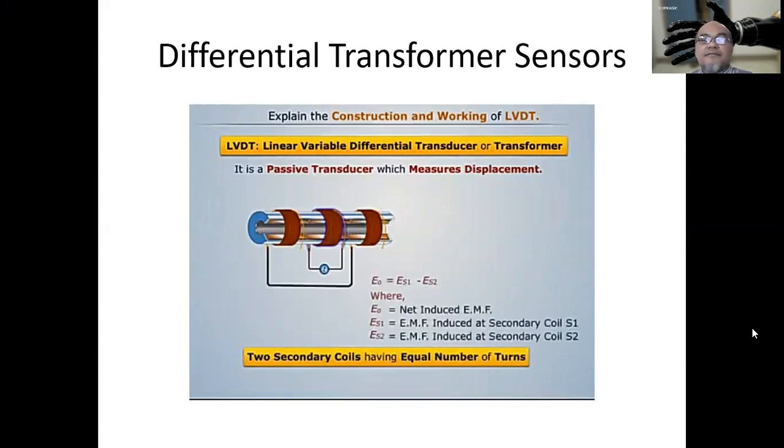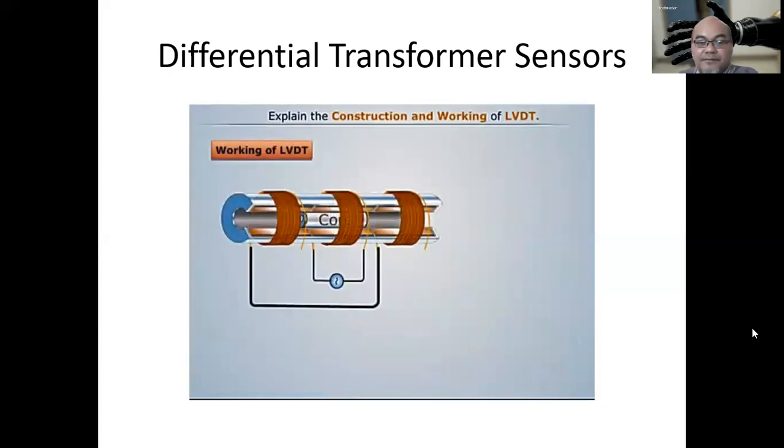The two secondary coils are connected with each other in series opposition, so that the net induced EMF of the two secondary coils becomes zero. We see that a movable soft iron core is placed inside a hollow cylinder. Position of this core with respect to the two secondary coils will affect the magnetic coupling between the primary and two secondary coils. Let's now understand how this LVDT works.